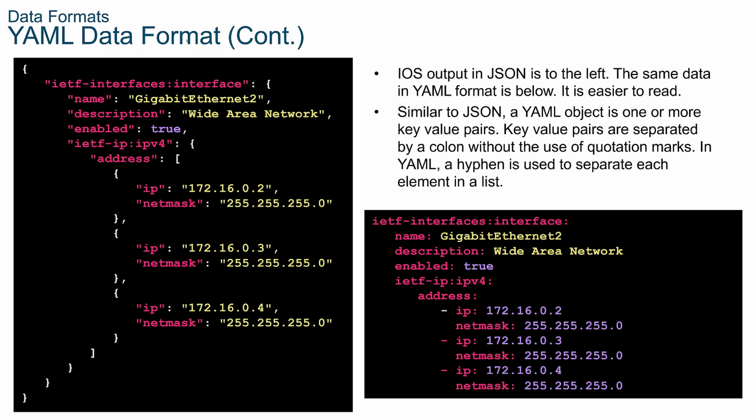Here it is being able to be broken down. So again, the iOS output in JSON. So that's this guy on the right of the screen or left of the screen, depending on how you want to look at it. So this is JSON. This is our YAML. The same data is represented on both sides.